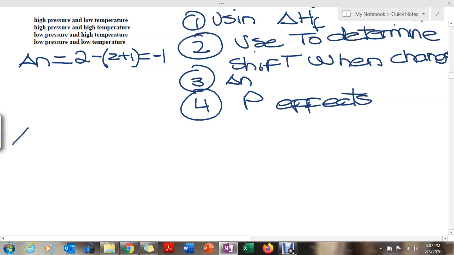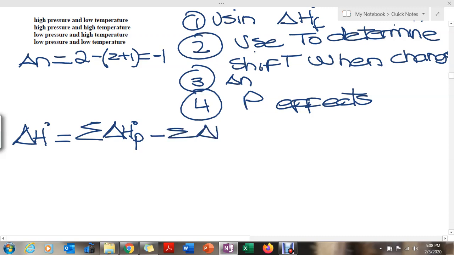The standard enthalpy of the chemical reaction is equal to, don't forget, the sum of the enthalpy of formation of the products minus the sum of the enthalpy of formation of the reactants.